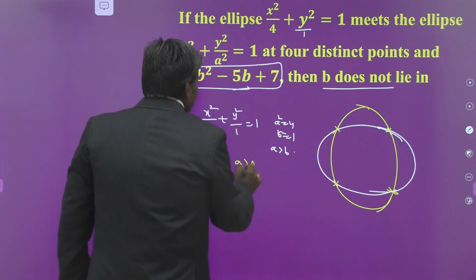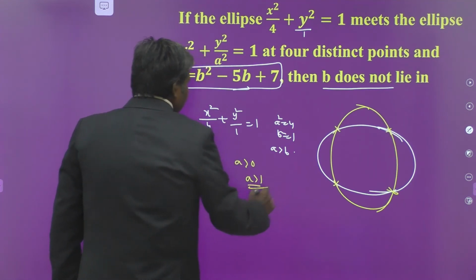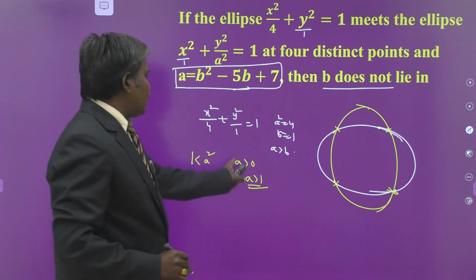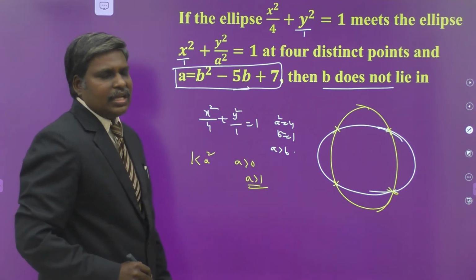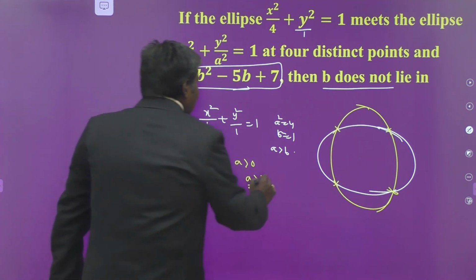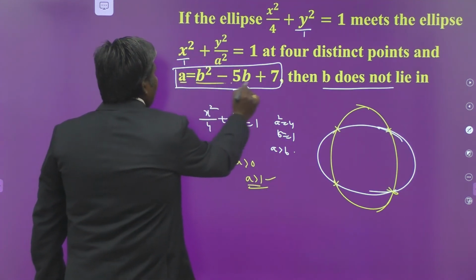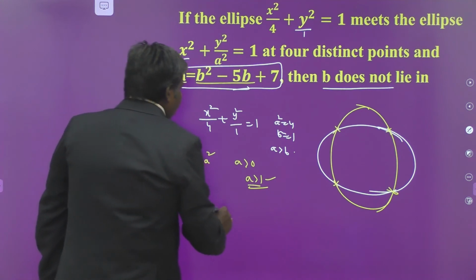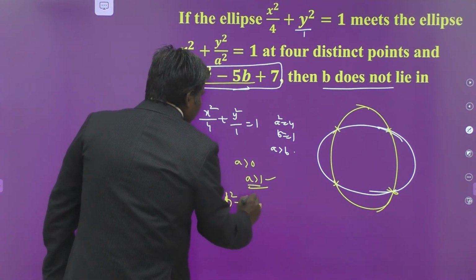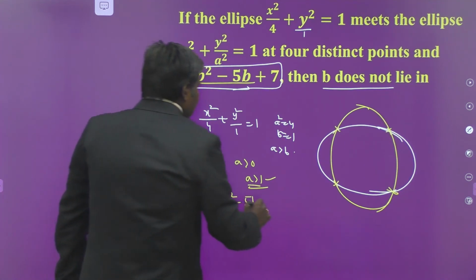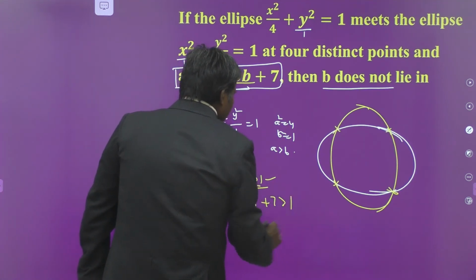Since a is greater than 0, we have a greater than 1. Lengths are always positive, therefore a must be greater than 1. For a greater than 1, what is the value of a? b square minus 5b plus 7 must be greater than 1.